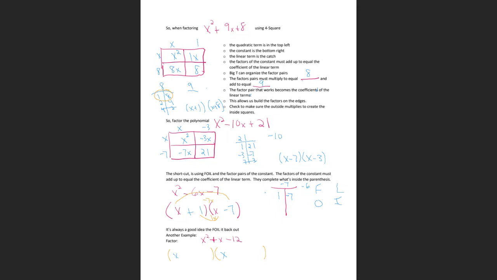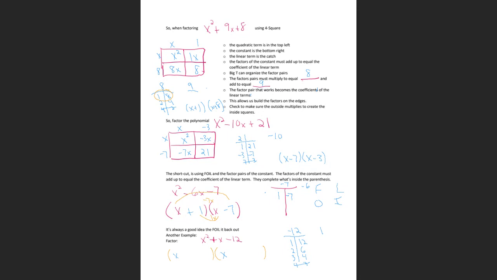So since there's several choices, I use the big T to kind of narrow it down. But the catch is the factors of negative 12 have to give me the coefficient of the linear term, which would be a 1. So if I do this, we get 1 and 12, 2 and 6, 3 and 4, 4 and 3 is repeating. So notice how we have 3 different factor pairs.